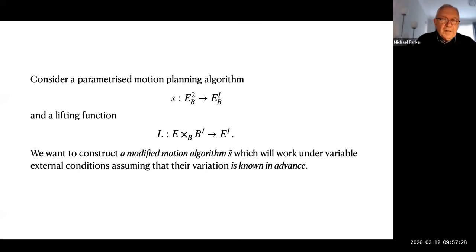So we start with a parametrized motion planning algorithm, which is a section of that bundle which I described earlier. It's a function which associates to pairs of states living under the same external conditions a motion of the system, which starts at one state and finishes at the other state, and the whole motion is under constant external conditions.